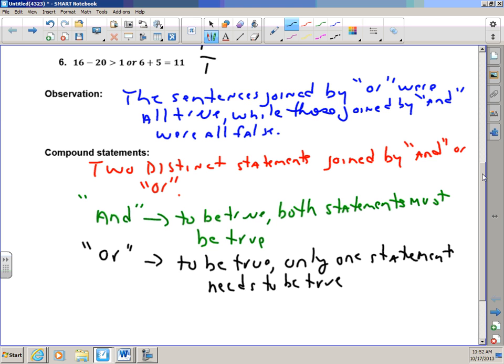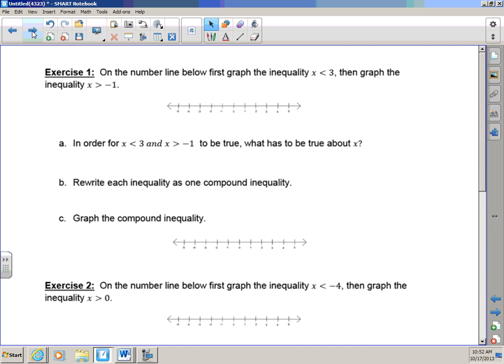Okay. Now, what we're going to do is take this logic concept and apply it to compound inequalities. So, let's look at the first exercise. I want to graph the following 2 inequalities on the number line. Well, x is less than 3 graphs with an open circle going to the left. And x greater than negative 1 is an open circle going to the right.